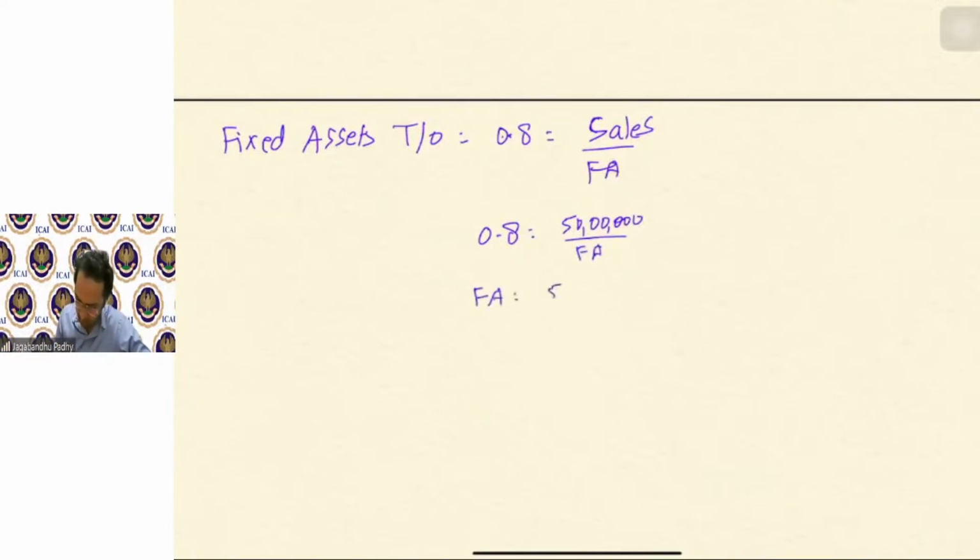Fixed assets will be 50 lakh divided by 0.8, which is 62 lakh 50,000.